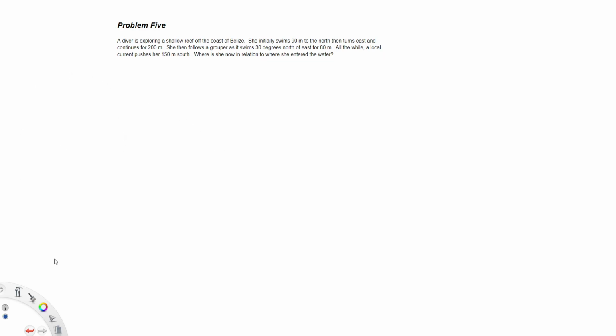So in this problem, the picture is almost literally everything. So we have an original position here. Go 90 meters north, and then turn east for 200 meters.